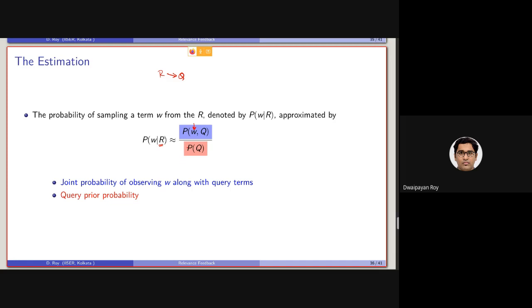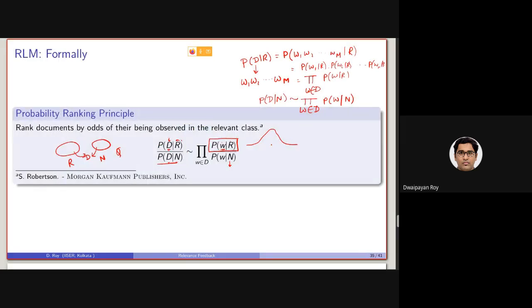Again, I'm taking one step backward just to give you the overall picture. So this R is a set of documents, isn't it? Set of documents, expected set of relevant documents, right? But here R is also considered as a single probability density function, where the words are the points in this PDF, and the words are coming from these relevant documents.